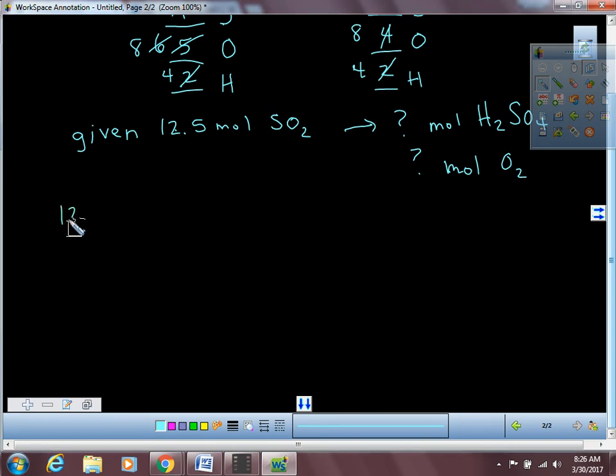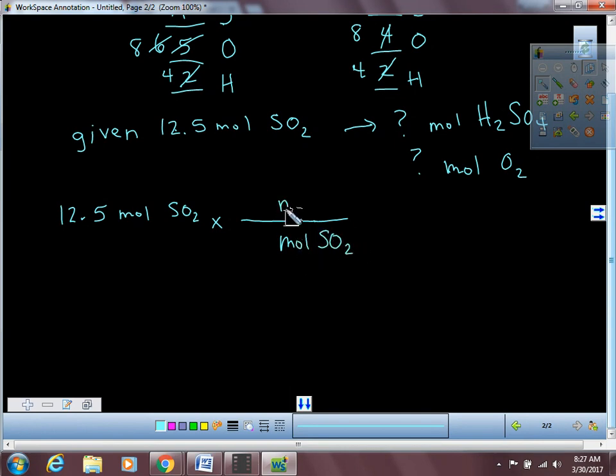Always start with what you're given. 12.5 moles of SO2. When I set up my equation, I want what on the bottom because I want to cancel. Moles of SO2 on the bottom, because this is not the same substance, so it's not just 1 mole.